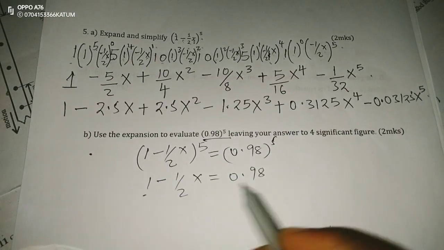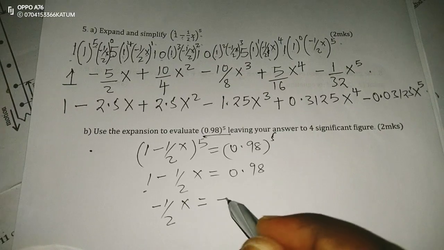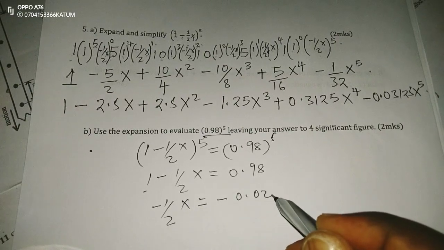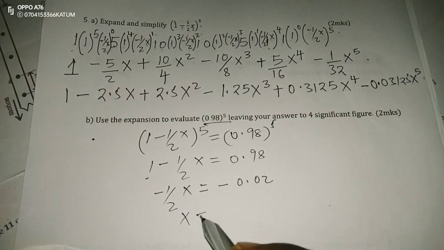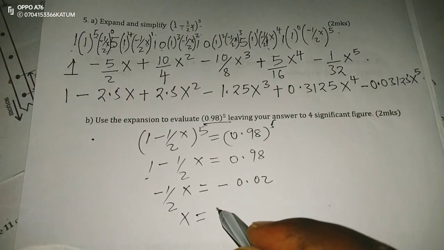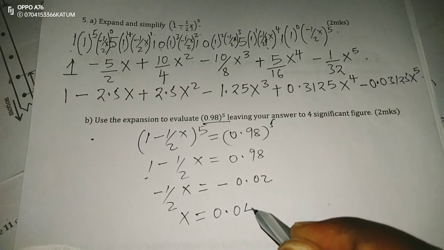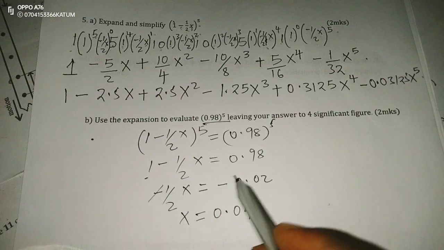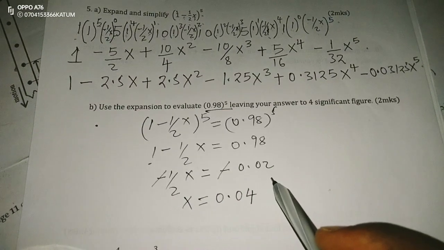So when we subtract 1 from this side, we'll have negative half x equals negative 0.02. We can multiply through by 2, and x is going to be 0.04, because the negative will disappear.